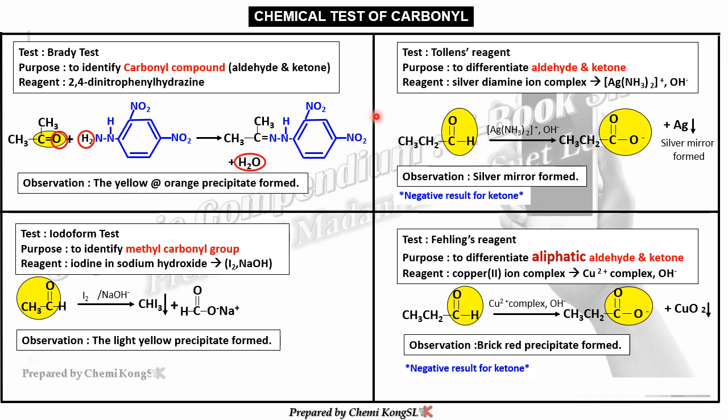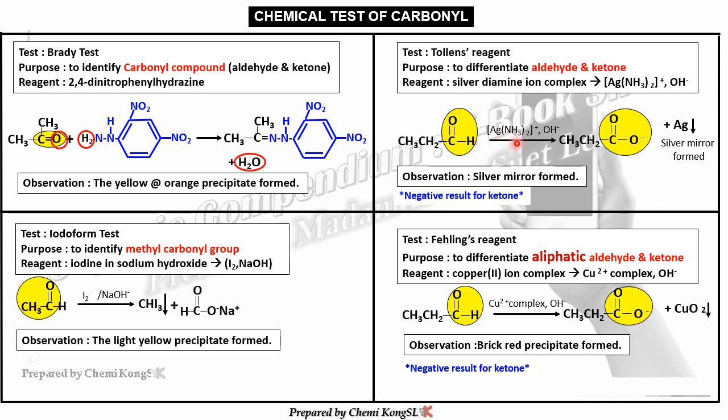Next, Tollens' reagent and Fehling's reagent are used to differentiate between aldehyde and ketone. The special point of Fehling's reagent is that it can differentiate aliphatic aldehyde and ketone only, meaning aromatic aldehyde or ketone can only be differentiated by using Tollens' reagent. So the easiest one is you have to know Tollens' reagent. So what is Tollens' reagent?